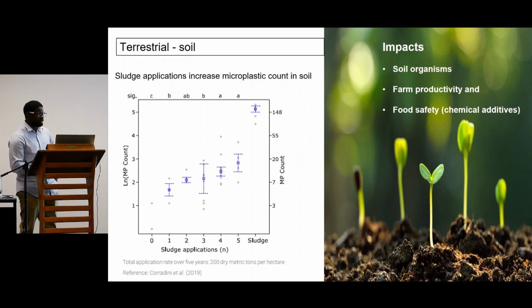Other studies have looked into how microplastics impact soil organisms, and others have looked into how they can impact farm productivity and food safety. If you look at food safety, the concern is that the microplastics can leach out plastic or chemical additives and contaminate the soil, and when they get into the plants, they can leach out these additives, further contaminating the plant.